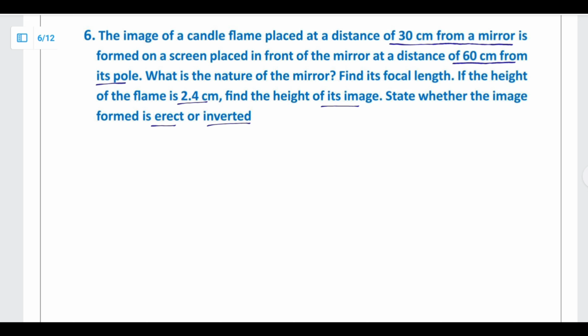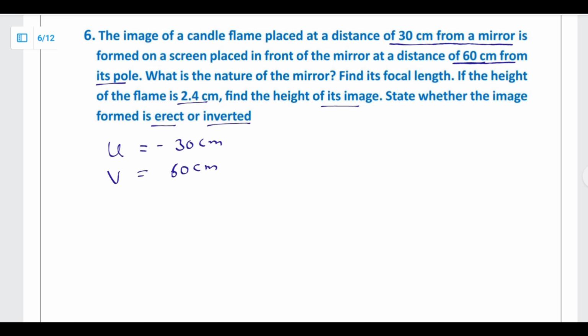Let me write the given. Object distance equals to 30 centimeter. Object distance is always taken minus. And the screen is placed in front of the mirror at a distance of 60 centimeters. The purpose of the screen is to obtain a sharp image. Indirectly, it has given image distance is equal to 60 centimeters.